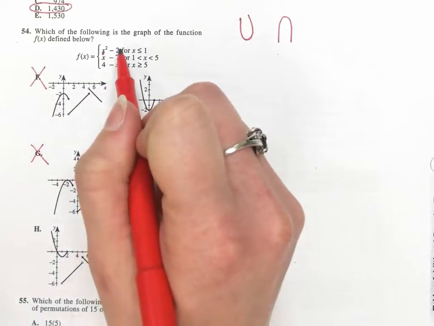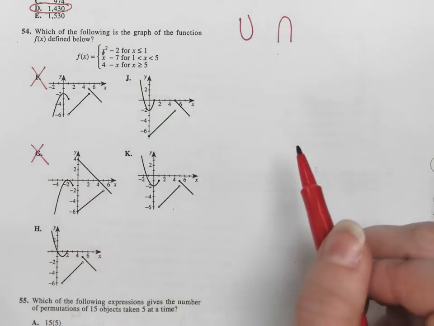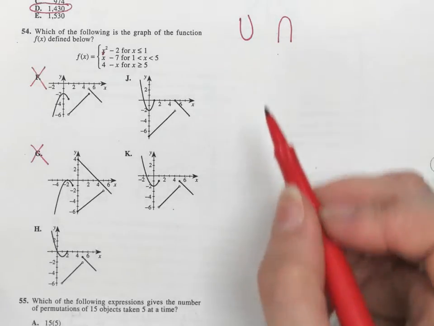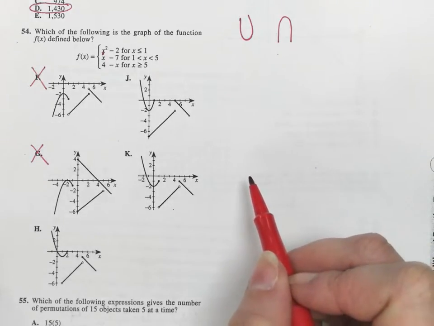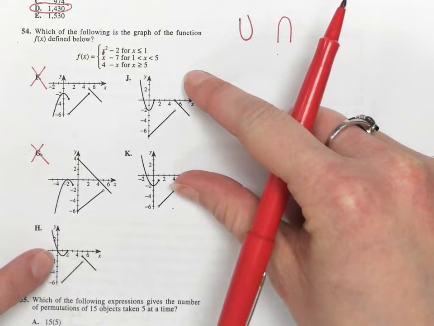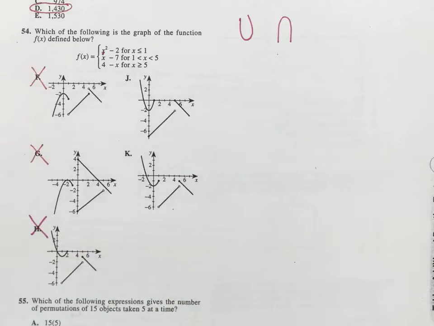Now, what does this -2 do to that parabola? It does not flip it. The negative in front flips it. It moves it down 2, right? Which one has not been moved down 2? J, K, or H? H has not been moved down 2. Oh my gosh, just by knowing about parabolas, I have narrowed it down from 5 to 2 answer choices.